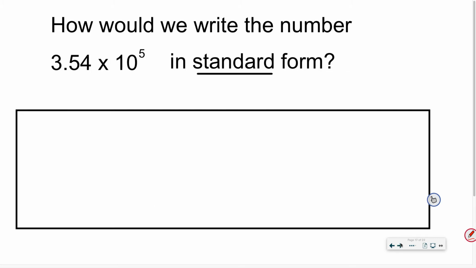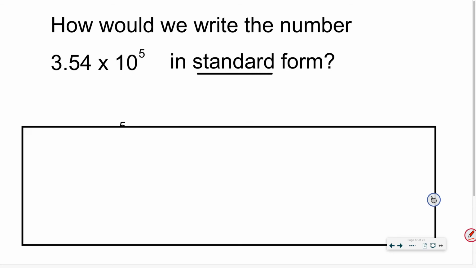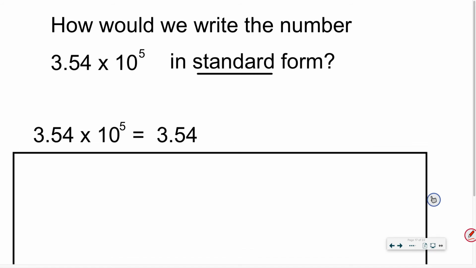So now we have a number in scientific notation. How would I write that in standard form? What do you think I mean by standard form? Like regular. Yeah, just broken out. Large, not simplified in scientific notation. What do you think I need to do to take 3.54 times 10 to the 5th and write it in standard form? I'm actually going to multiply 3.54.